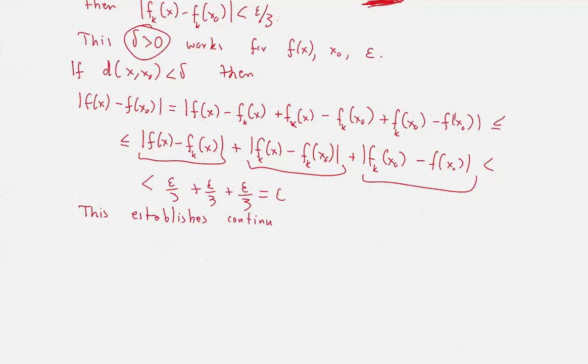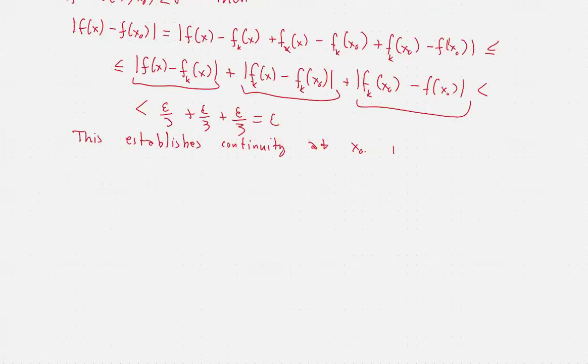And since x naught is pretty much any random point, f is continuous.